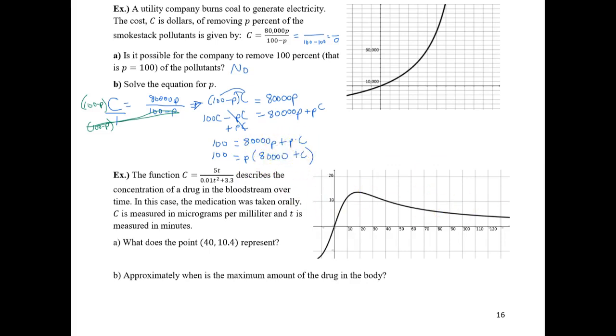And lastly, I need to divide both sides by that 80,000 plus C to get P totally alone. And that leaves me with P equals 100 C divided by 80,000 plus C. So we've solved that rational equation for P.